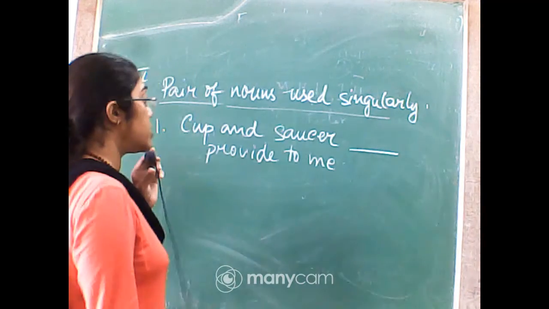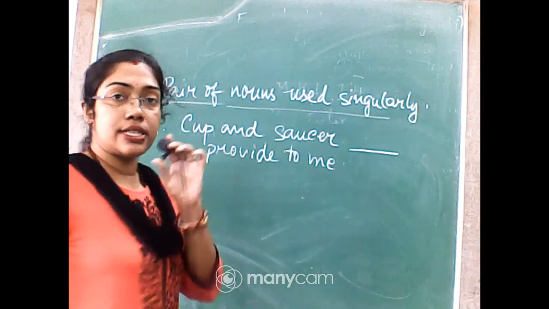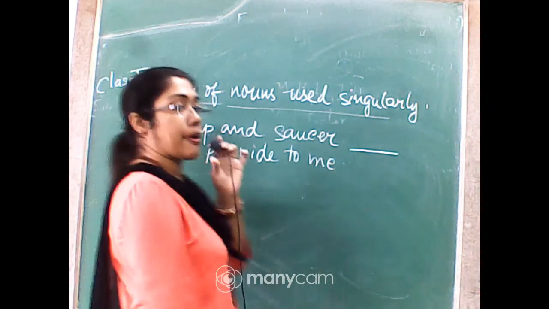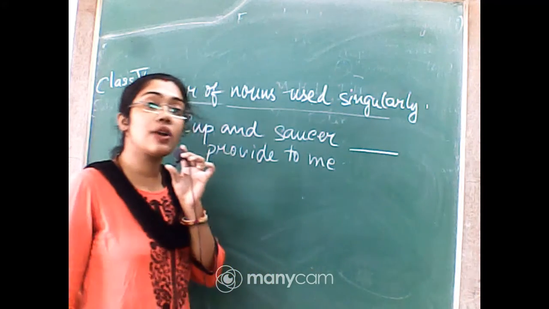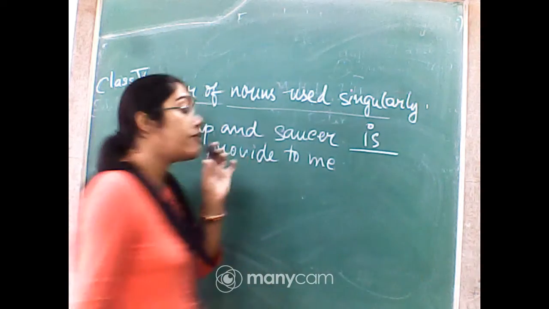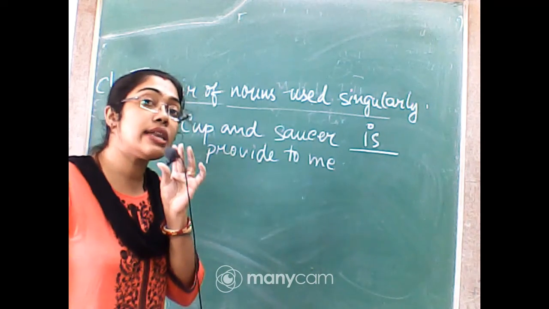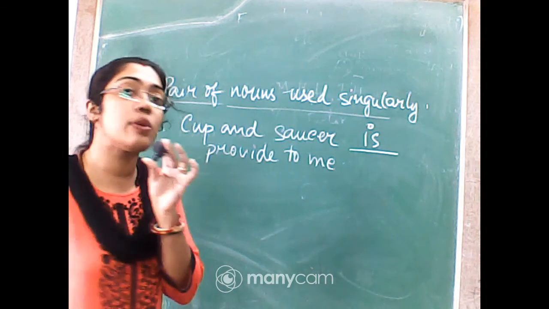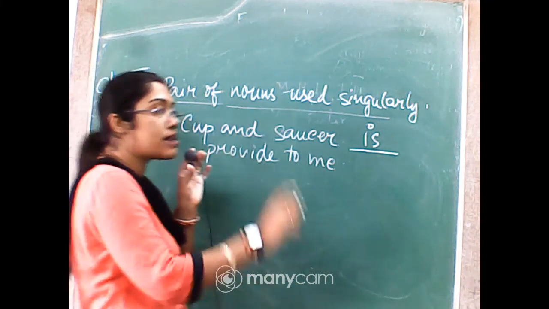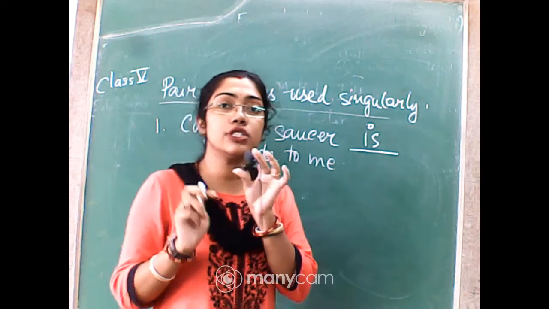Coming back to the question that I was telling, cup and saucer, is or are? I will put here is. I will not put are. This is the thing that you need to remember. Whenever there is something mentioning cup and saucer, it is always used in a singular way.